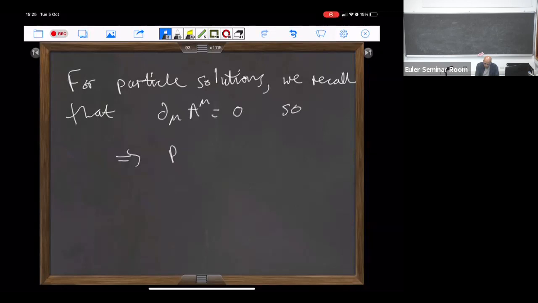That means p mu A mu is actually 0, which is the same as p mu epsilon mu equals 0 for these solutions.